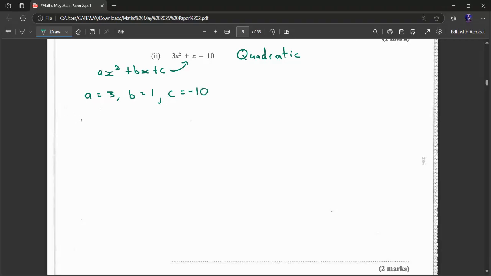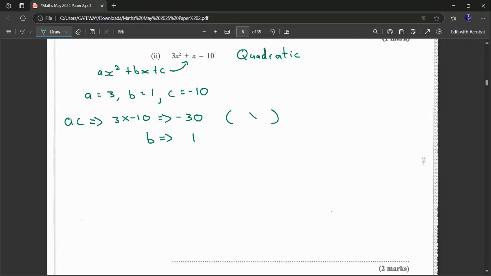So what you are going to do now, the first step is to look for ac, the product of a and c. So that will be 3 multiplied by negative 10, which will give you negative 30. Then I'm writing b just below the negative 30 there. So b is equal to 1. So I'm now looking for two numbers.